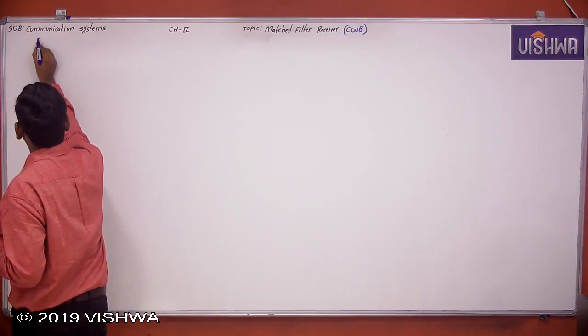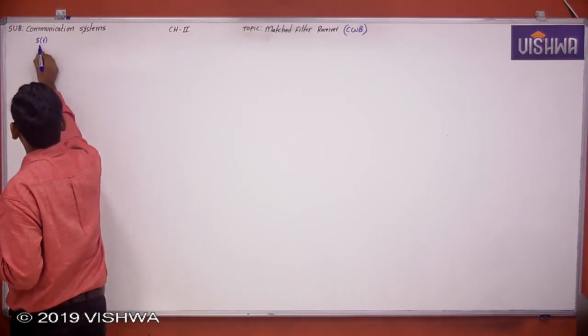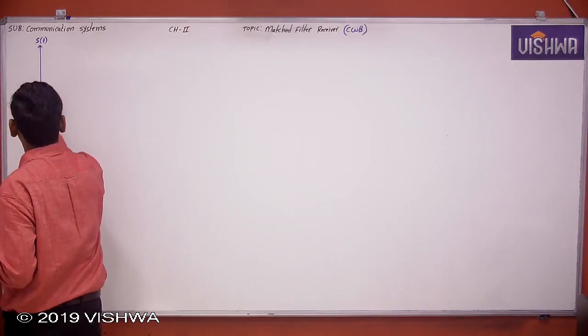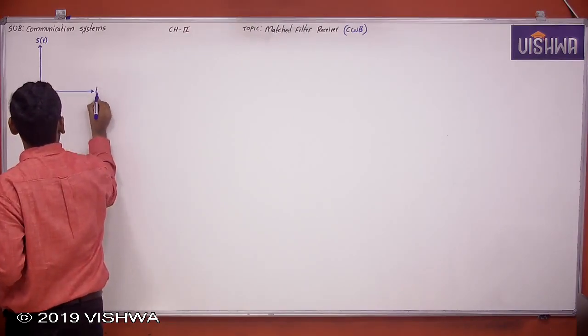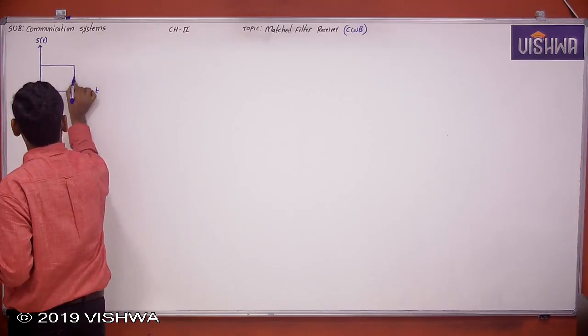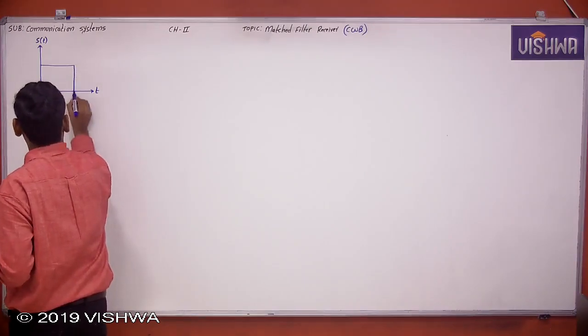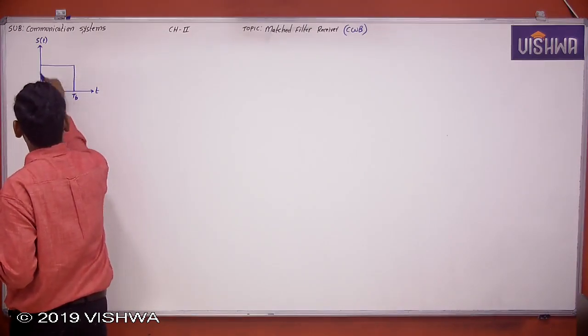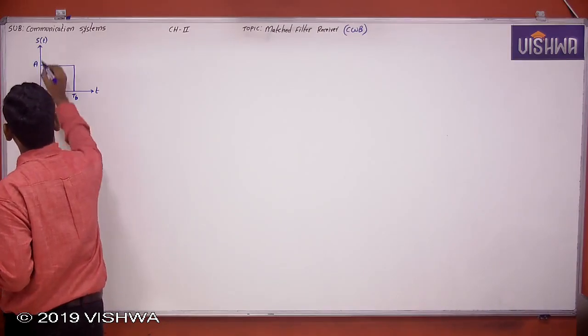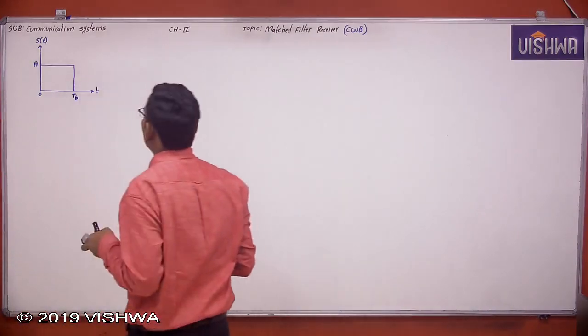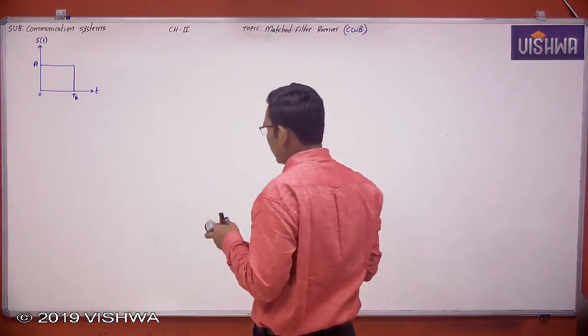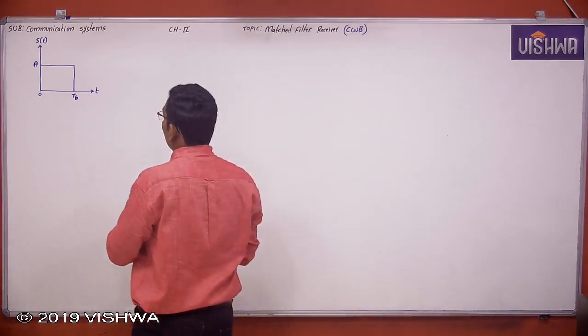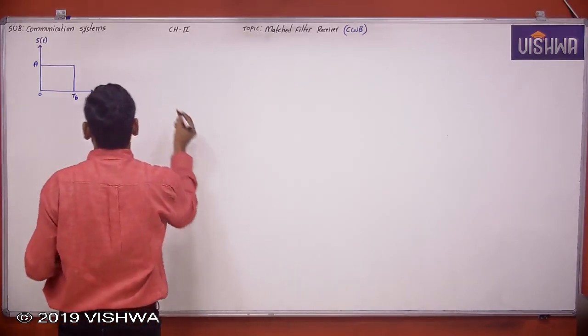This is the input signal to the filter, a rectangular pulse. And what is the output of the filter?